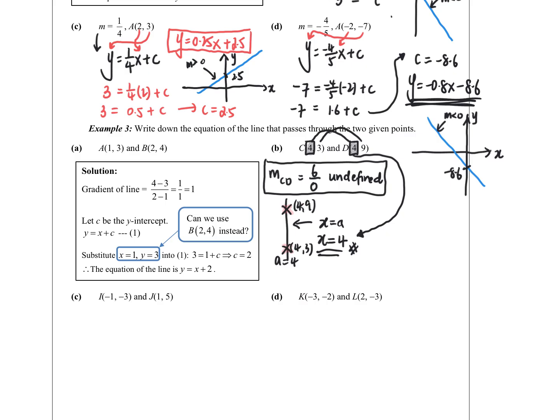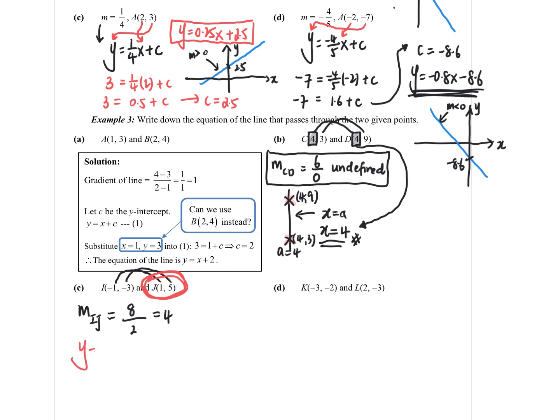Okay, same thing, gradient of IJ. y2 minus y1, 8. x2 minus x1, 2. So your gradient is 4. And then you want to find the y-intercept, but you have 2 points. Just choose one. Choose the one that looks friendlier to you. So I'm going to choose J. So put back in the equation y equals to mx plus c.